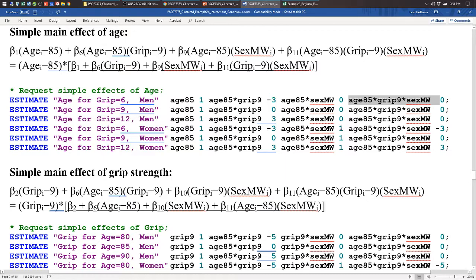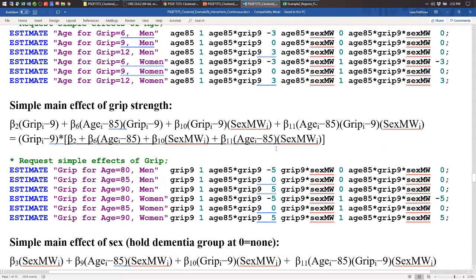If I want it for women, the last 3 lines then fill in a 1 for beta 9, and then coincidentally pick up the value multiplying that 1 through with the other term here. So every term in the model, every fixed effect that has age in it has to be included here or it's held to 0. But this will tell you what the age slope would be for any kind of person.